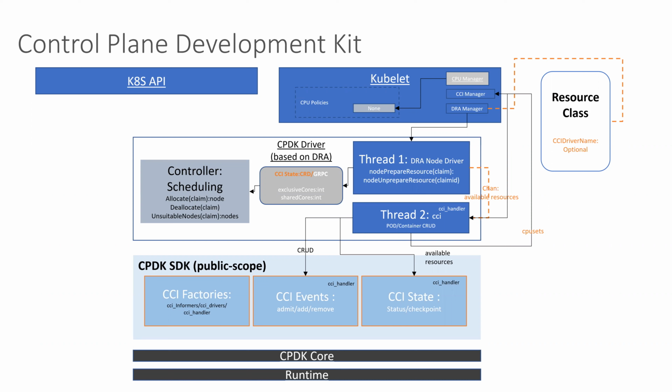Then the controller, when it's communicating with the scheduler and trying to figure out what node a specific pod should land on, consults the CRDs advertised by all the nodes that have the Kubelet plugin running, finds an appropriate node, puts a reservation on that claim into the CRD, and then sends that back to the scheduler so it can actually schedule it.